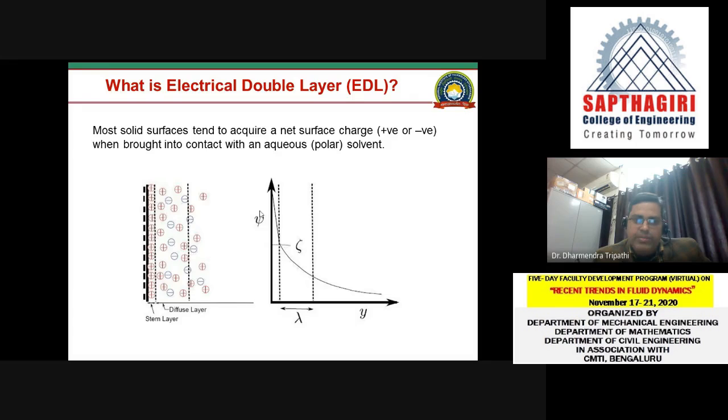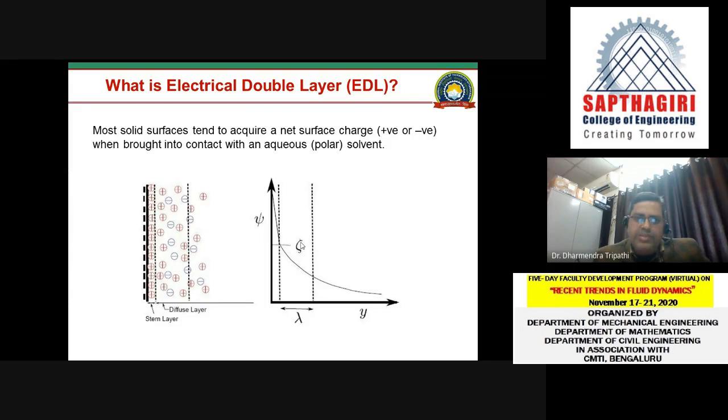When we plot the potential distribution across the transverse direction, there is a parabolic distribution. And the intersection point of the Stern layer and this graph, the potential at that particular point, is known as the zeta potential.